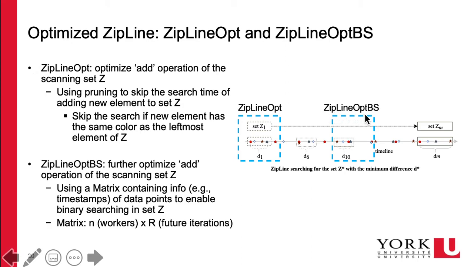Here's the example of ZipLineOptBS. When we want to add this blue diamond into this set, and this blue diamond in the existing set is somewhere between the last and the first element, that requires us to do an iterative search that costs O(n). With this binary search, we can use the matrix information to locate the timestamp of this blue diamond dot. Then we can use binary search to find it.